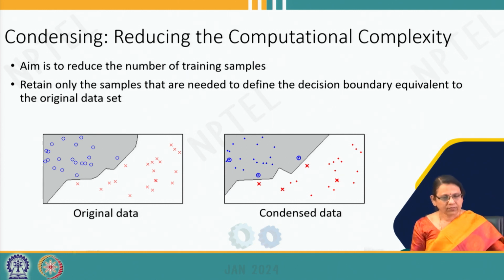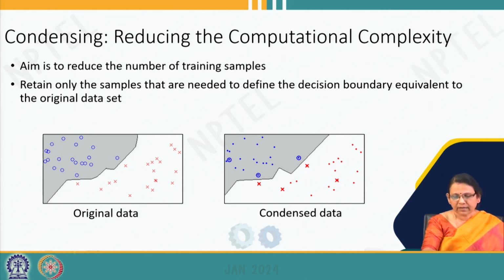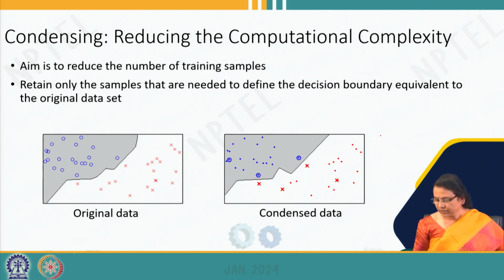So, in this condensed data, instead of so many points, we have only 3, 4, 5, 6, 7 points which can be used. So, from a large data set, we have now concentrated on only 7 points.